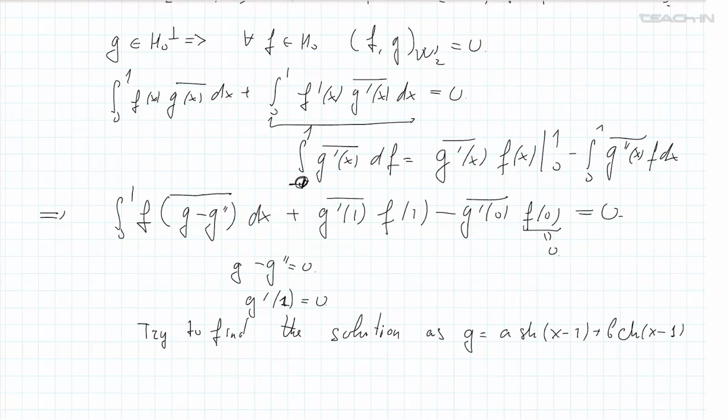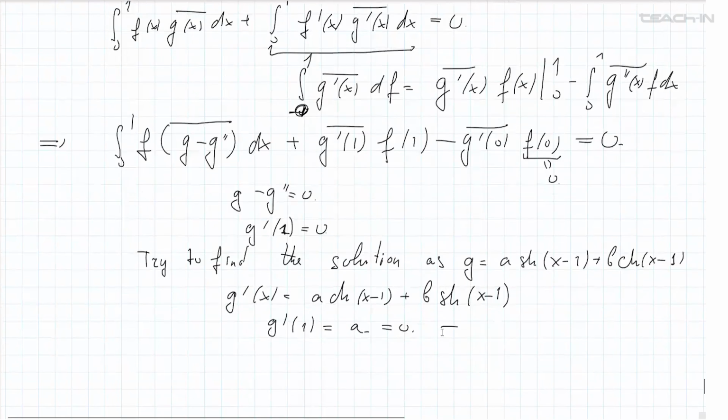But the shifted hyperbolic functions are again a linear combination of hyperbolic functions. So we have a two-dimensional space of solutions, a linear combination of two independent solutions. And the g derivative equals a plus b. So the g derivative at 1 equals a. It must be 0. So a is 0.